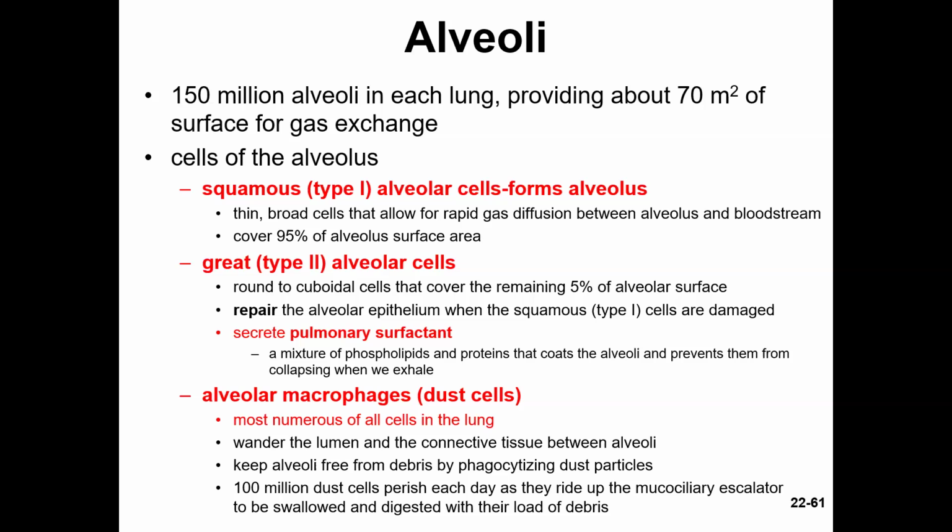These type 2 alveolar cells secrete pulmonary surfactant. Pulmonary surfactant's main purpose is to decrease surface tension. Now, remember what I mentioned, that these are like very small balloons. Have you ever tried to blow air into a small balloon? It's hard, isn't it?